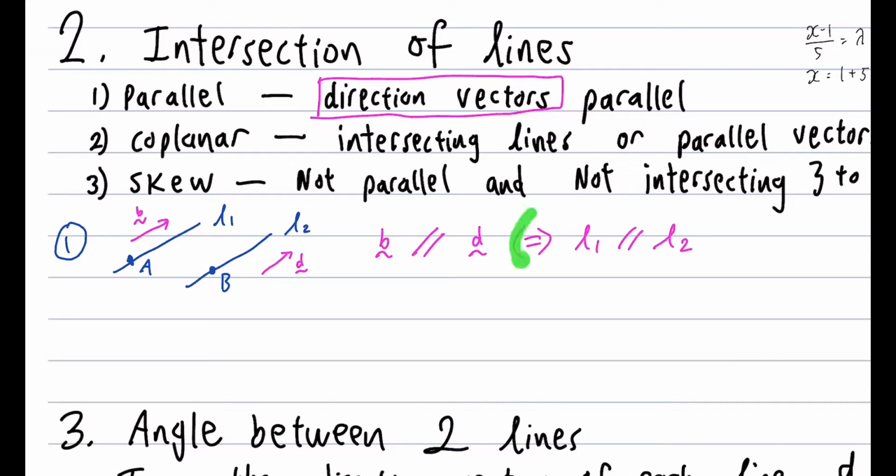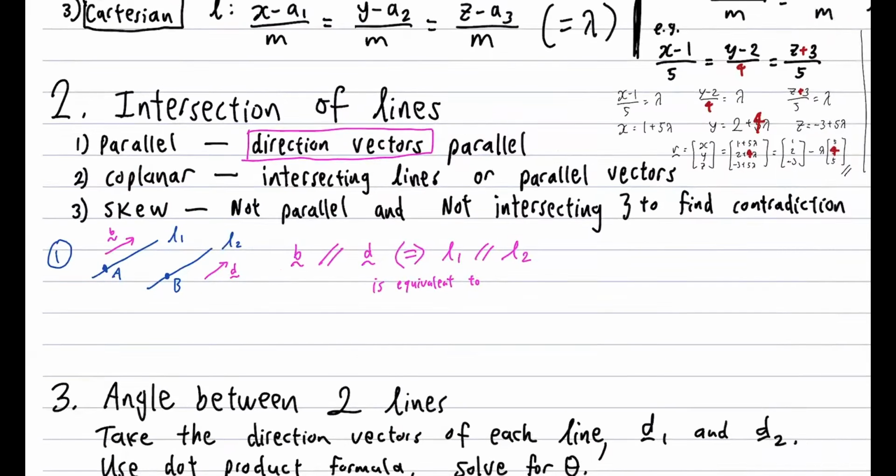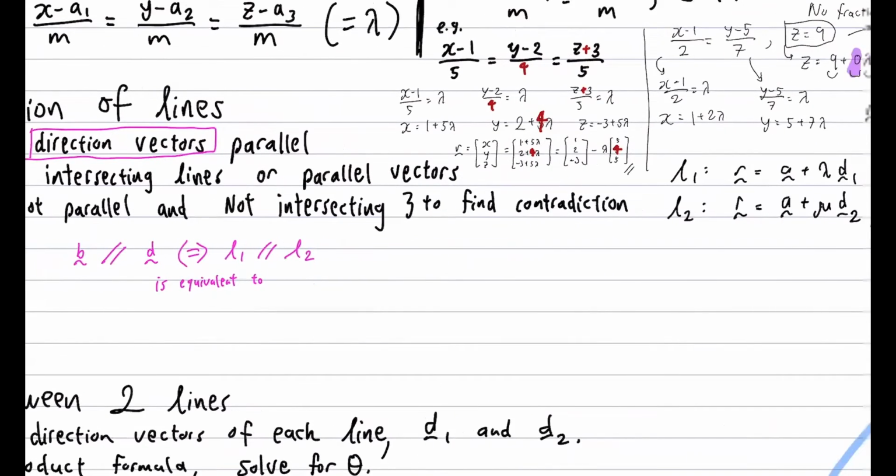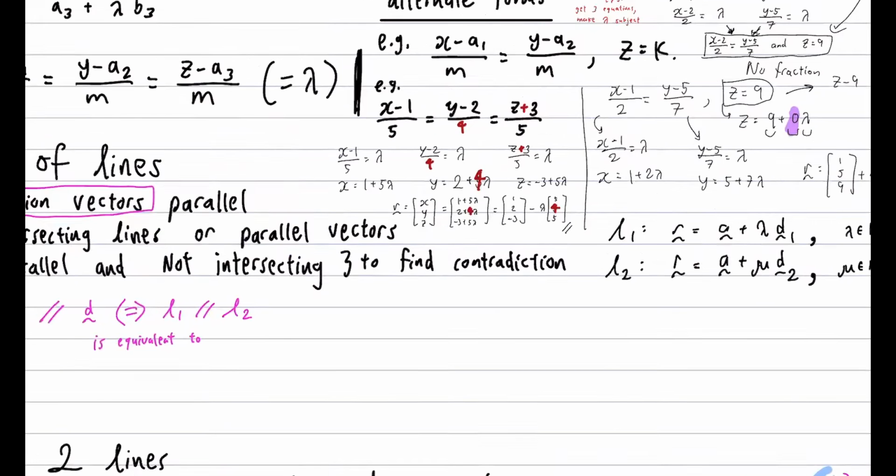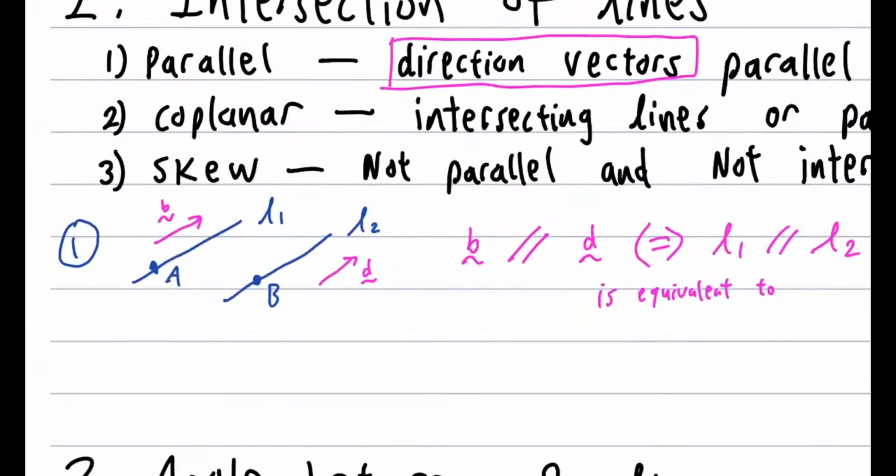You probably don't know this notation, but this double arrow means it's equivalent to. Let me change the notation: I don't want B, I want D1 and D2.